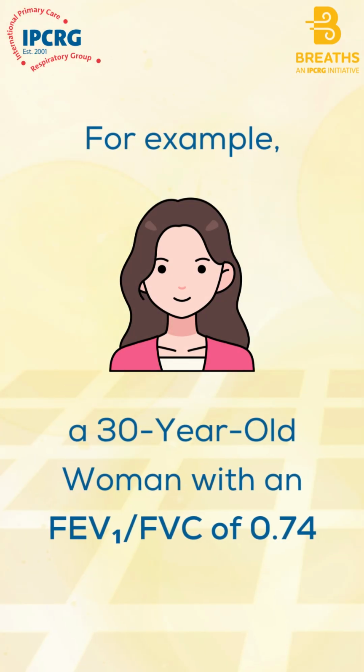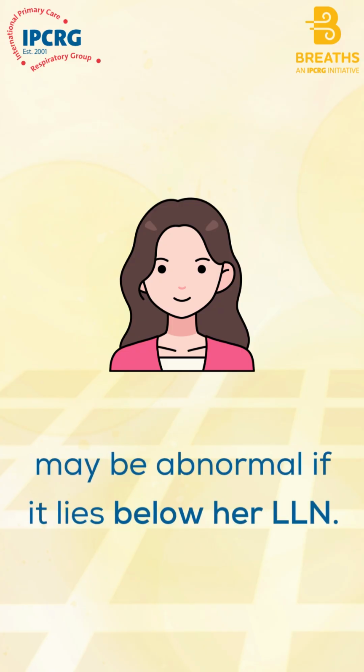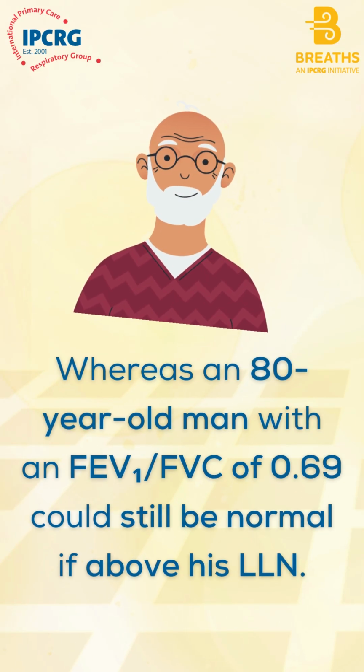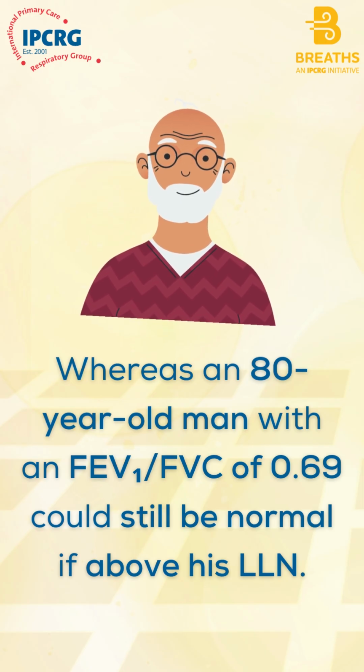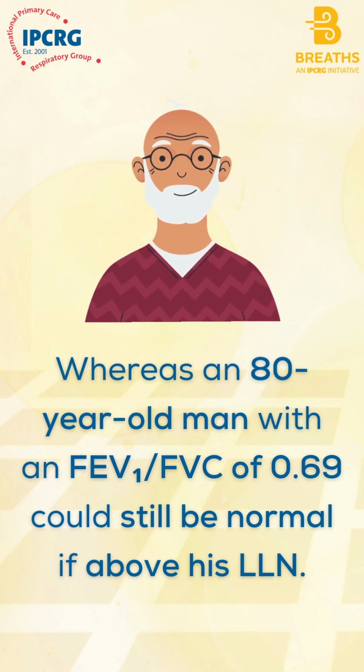For example, a 30-year-old woman with an FEV₁ to FVC ratio of 0.74 may be abnormal if it lies below her LLN, whereas an 80-year-old man with an FEV₁ to FVC ratio of 0.69 could still be normal if above his LLN.